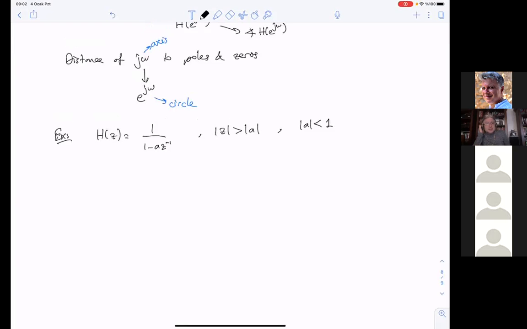As a matter of fact, this is the necessary condition for the system response.